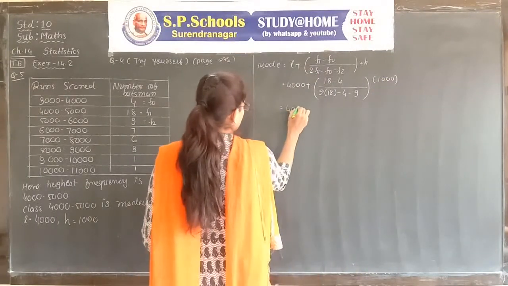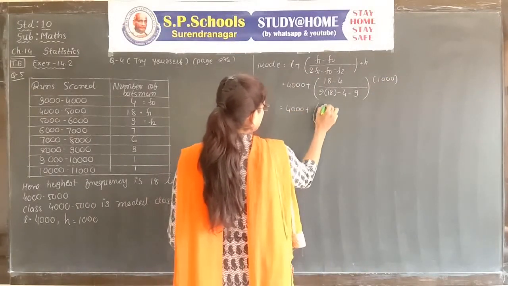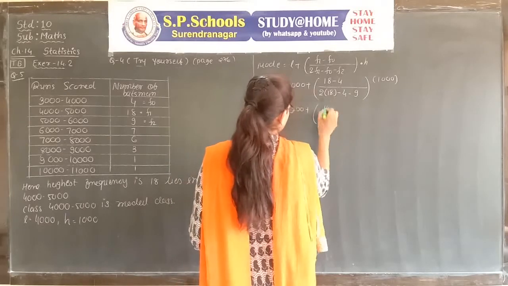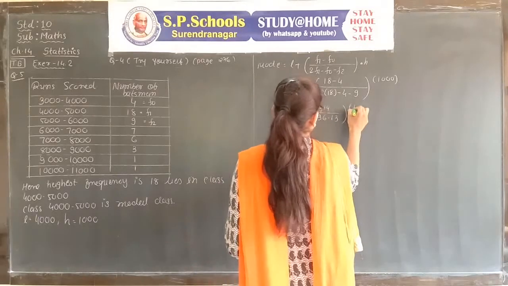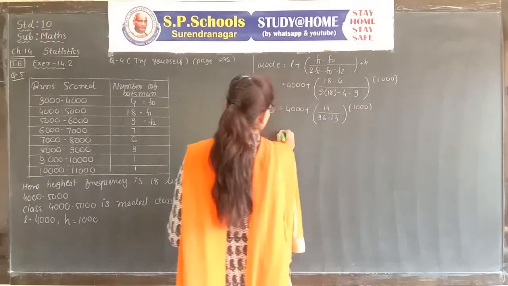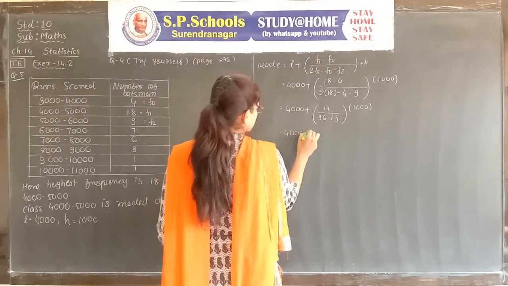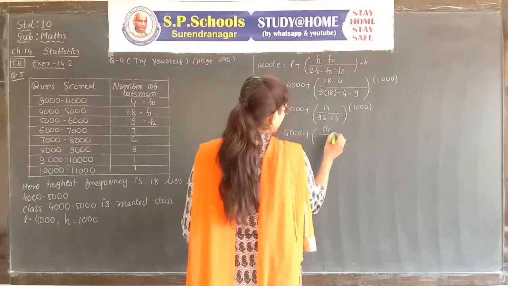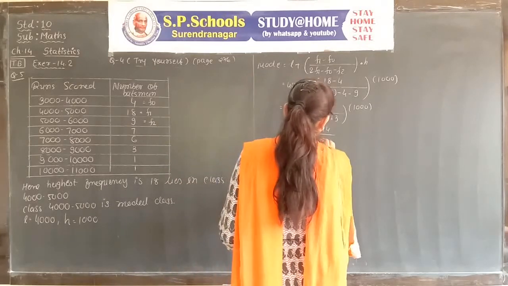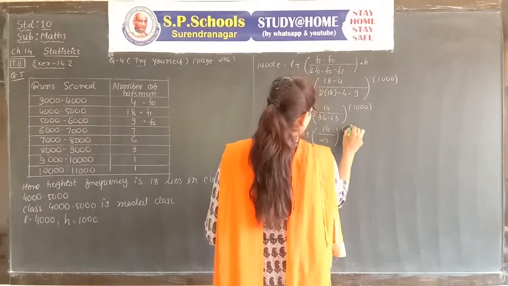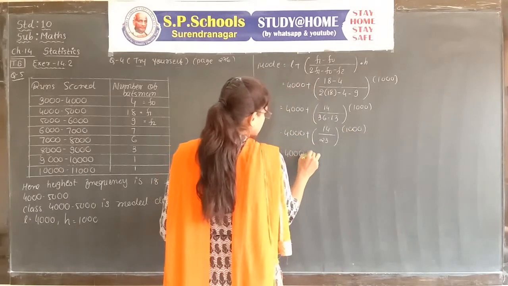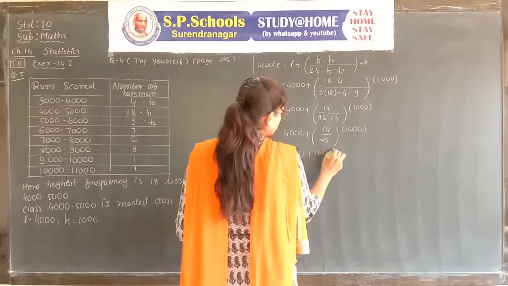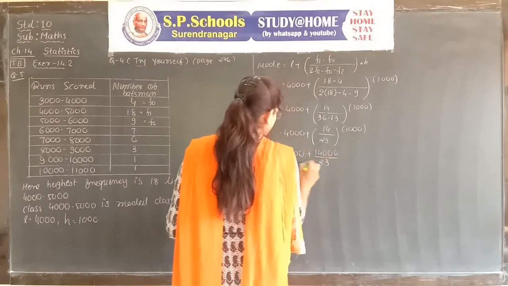4000 remains as it is. 18 minus 4, which is 14. 18 twos are 36 minus 13 upon multiply with 1000. 4000 as it is plus 14 upon 36 minus 13, which is 23, and here is the 1000. 4000 plus 14,000 divided by 23.